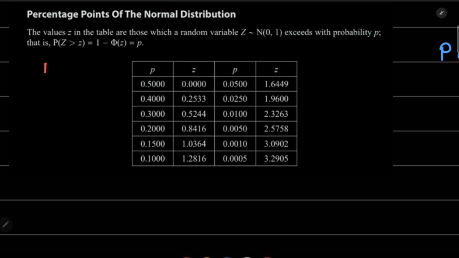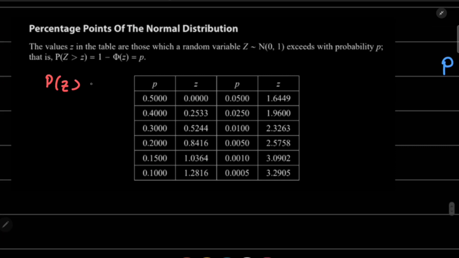So if probability is of z greater than 0.5, z greater than anything, consider alpha is 0.5, the value of alpha will be 0. Or if the value of probability is 0.1, the value of alpha will be 1.2816.